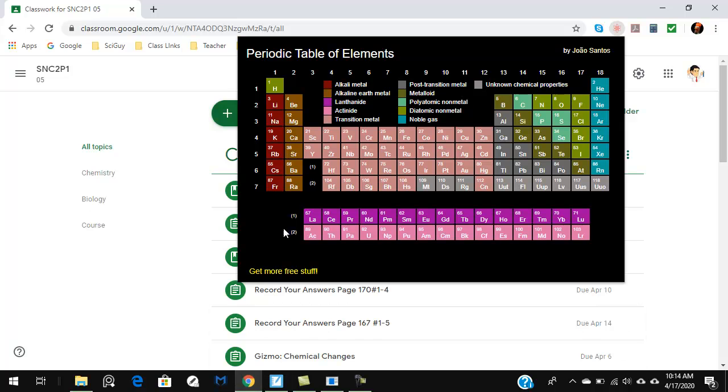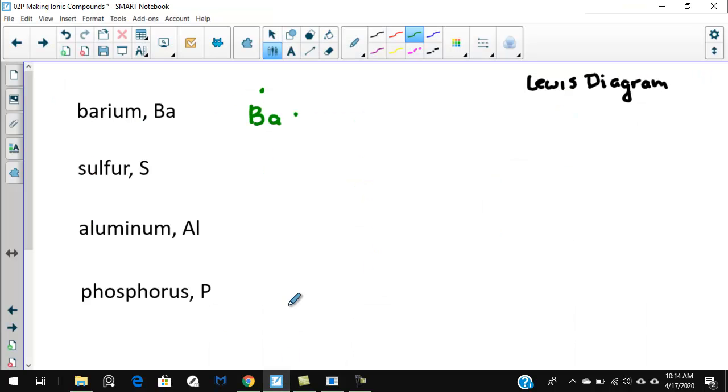So again, if we go back to barium, we also notice that it's on the metal side of the table, which means then barium wants to empty this orbit. So metals, remember, empty their last orbit when they do chemical changes. So that means that barium's going to have to lose 2 electrons to empty its orbit.